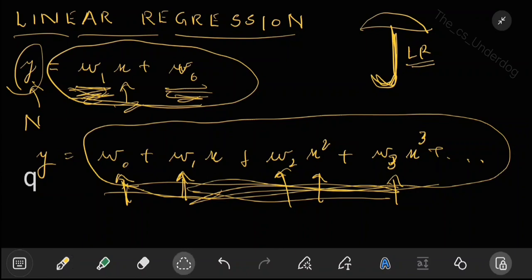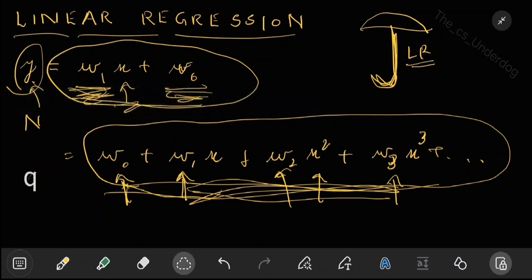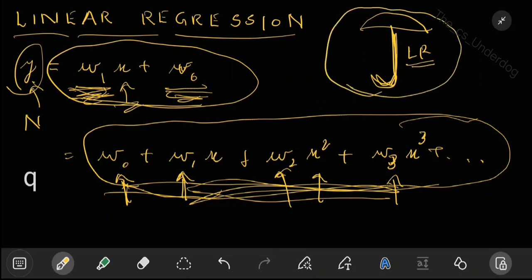Tomorrow if you are, let's say, sitting in an interview, and someone asks you about linear regression, or let's say you are solving a multiple choice question and you have one option as linear regression and another option as polynomial regression for a higher order term, you have to choose polynomial regression only, no doubt. The point I'm saying is all these are considered under a larger umbrella of linear regression.